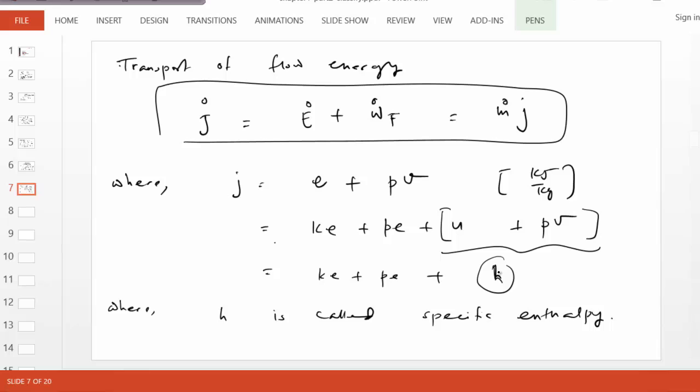And H, therefore, is a very similar thing, except H plus KE plus PE is the J. So if KE and PE are negligible, J and H are the same. So the enthalpy can be looked upon as the flow energy per unit mass when kinetic and potential energy are not large. So we'll stop here and expand these ideas through a couple of problems.